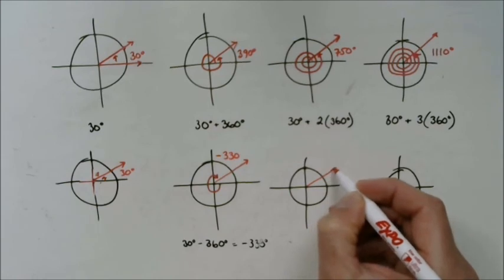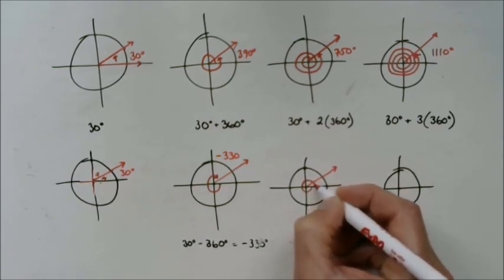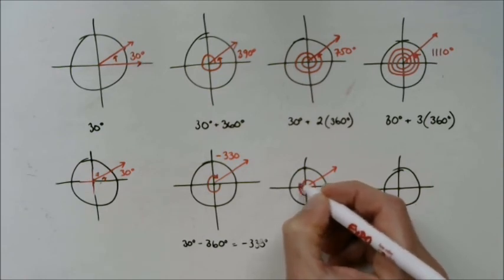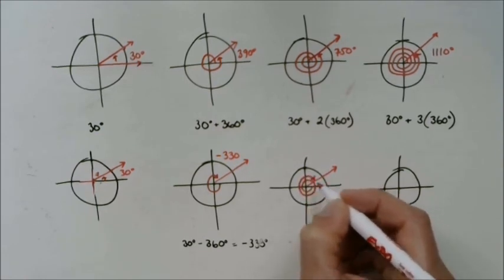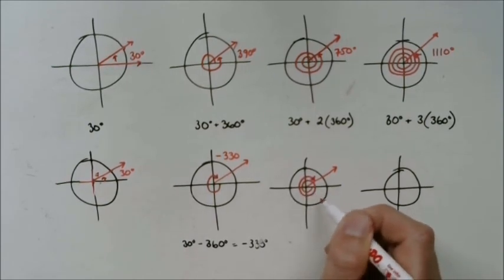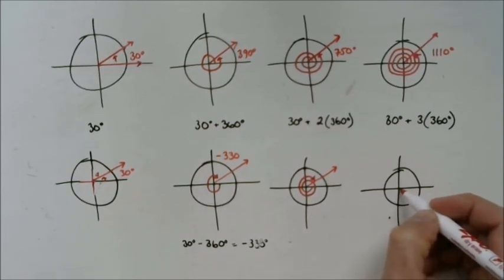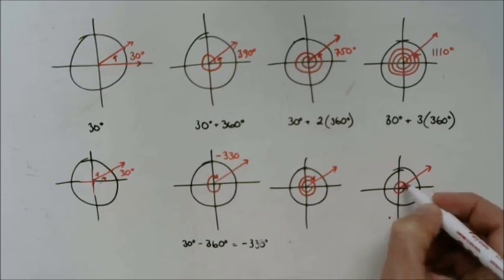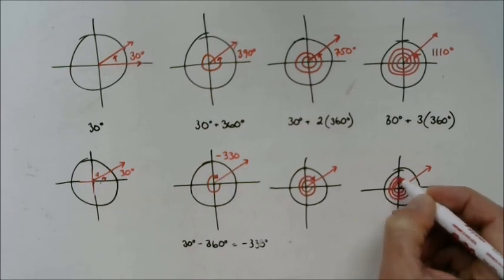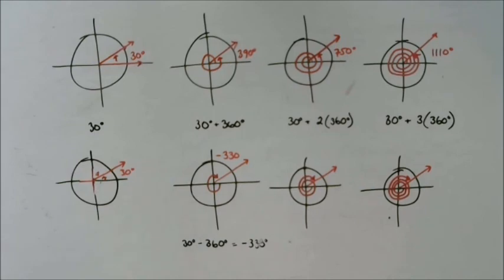Well, how do we get there again? Instead of going backwards just to there, we're going to go all the way around 360, and then another 330. So we did 360, 360, and then backwards 30. And same thing here. We're going to draw it out, and this time we're going to go backwards 360, 720, 1080, but then back forward the amount of 30, and we'll just double check what those are.